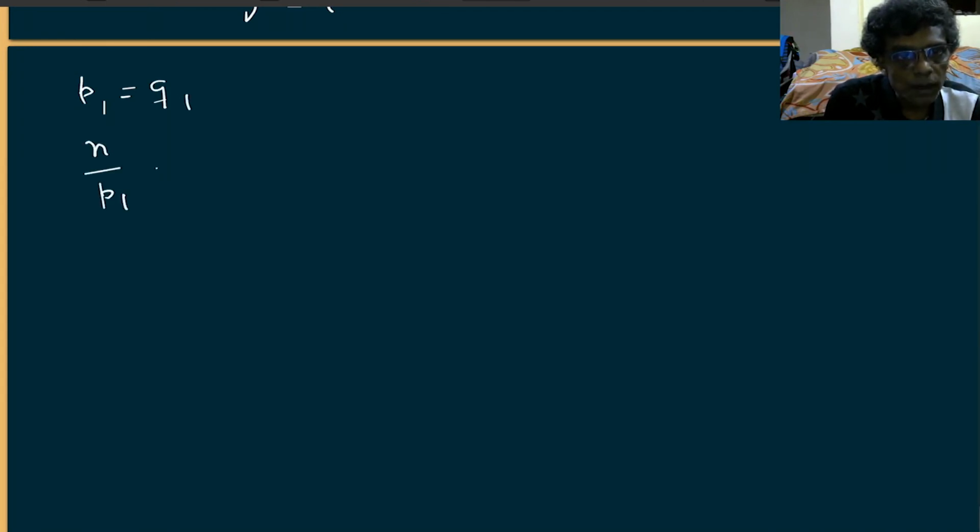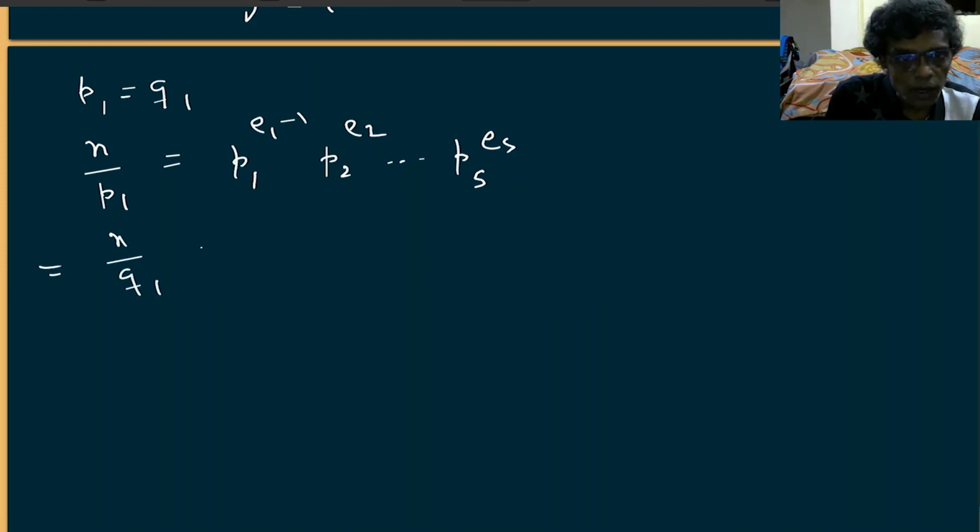So I have P1 equal to Q1. So if I look at this, n by P1 equals P1 power E1 minus 1, P2 power E2, up to Ps power Es, and this is also the same as n over Q1.